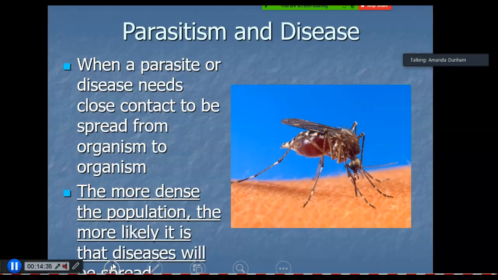Okay, so parasitism and disease. When a parasite or disease needs close contact to be spread from organism to organism, the more dense the population, the more likely it is that the disease will be spread. Just like with coronavirus, you need to be within like 6 feet of each other to spread the disease, or so they say.